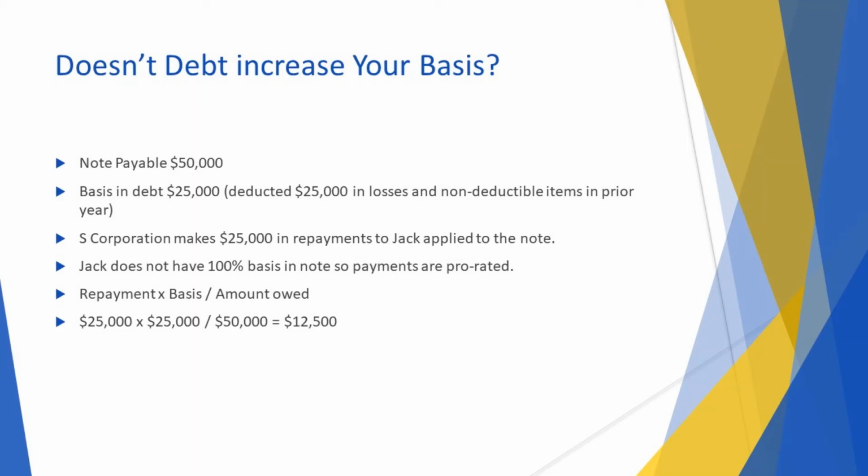This is because, under Revenue Ruling 64-162, the shareholder cannot designate the entire payment as basis recovery. Rather, the recovery of capital is allocated proportionate to the basis and face value of the note. $25,000 repayment times $25,000 basis divided by $50,000 owed equals $12,500 of capital gain.